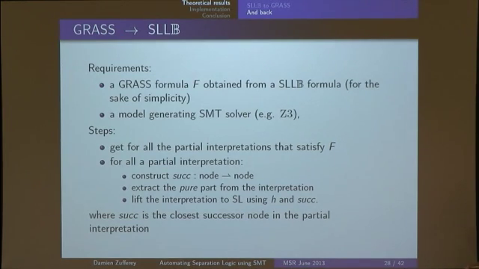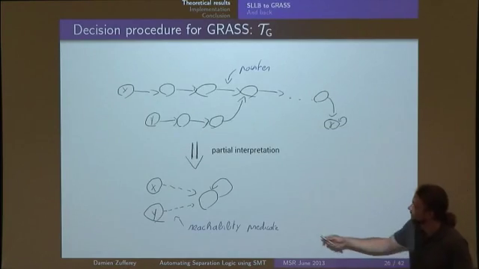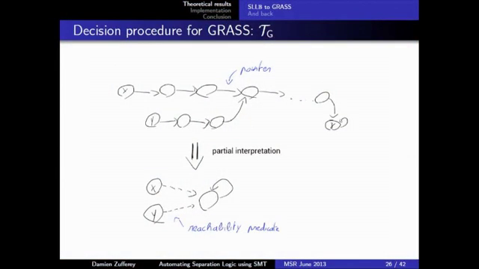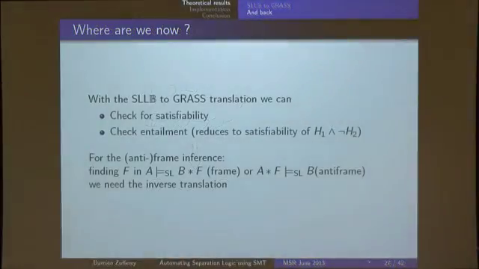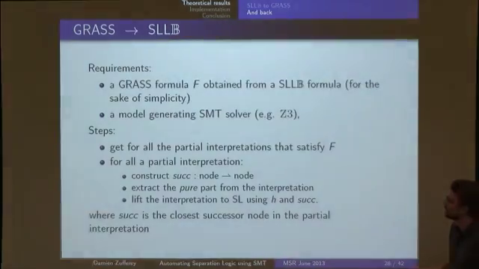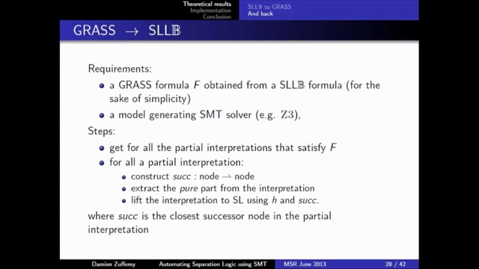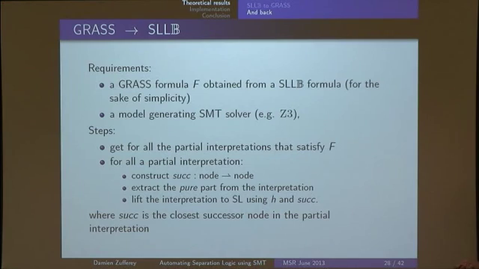So if the function h is defined on that node, then it will be the application of h, and if h is not defined, because as we see we might have just the reachability predicate and not the concrete value, in that case we just take the first node that satisfies the reachability predicate as successor. Then we also extract the part about what's called the pure part, so the part about equality and disequality of variables, and just lift everything.